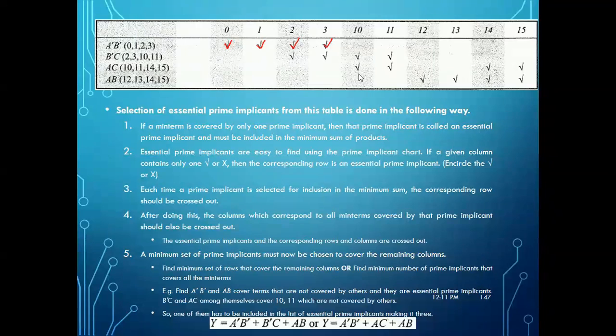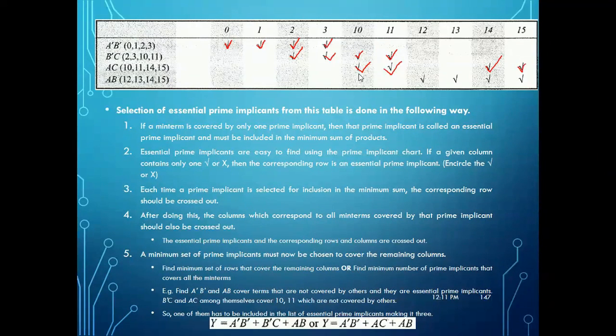Done. The next one is b bar c. You have to tick mark again, that is 2 3 10 11, so that's why I take the minterms 2 3 10 11. Next, ac has the minterm values 10 11 14 15, so I'm going to tick 10 11 14 15.